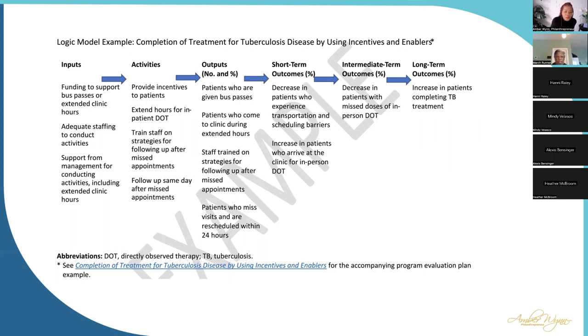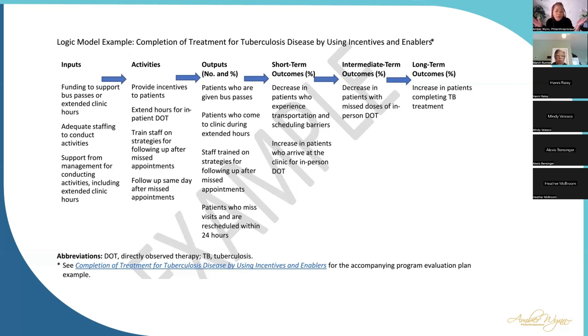Funding to support bus passes or extended clinic hours. The activities for that are that you're going to provide the incentives and extend the hours, with adequate staffing and support for management. So you just have to make sure that across the board, whatever your inputs are, there are activities that correlate, outputs that correlate, and outcomes that correlate.